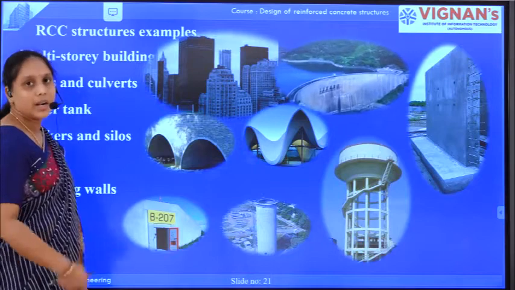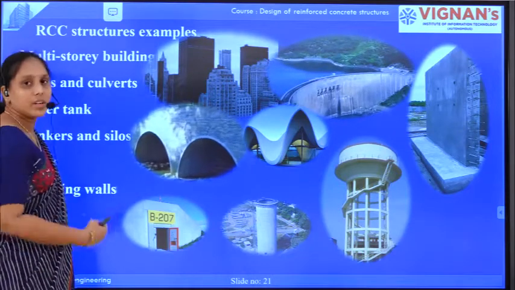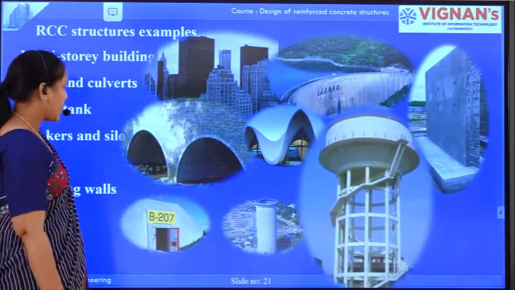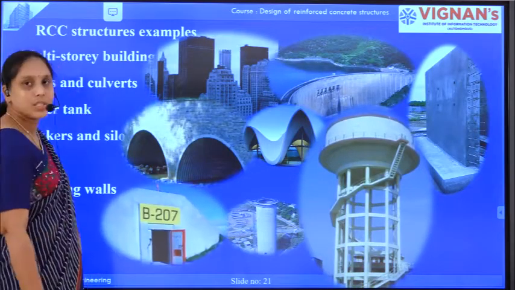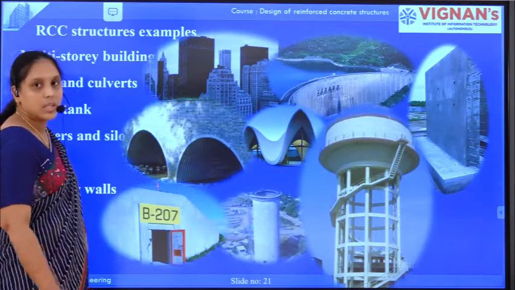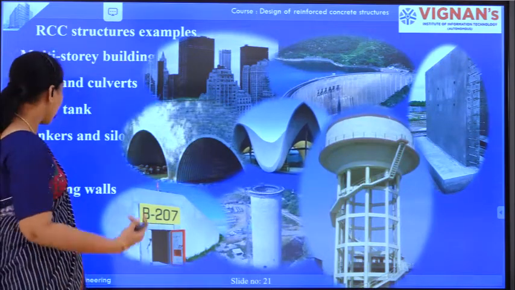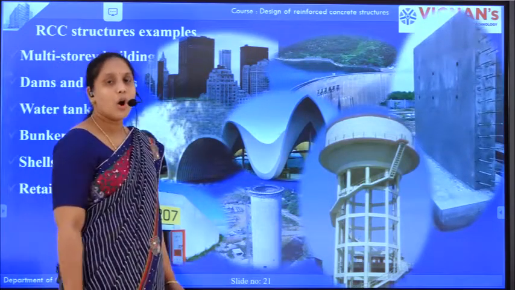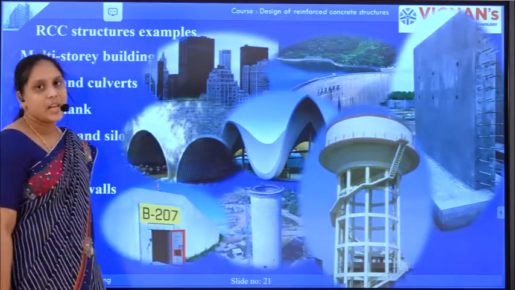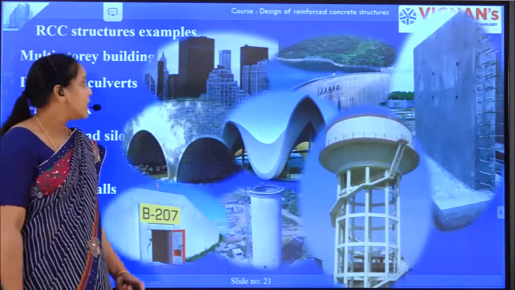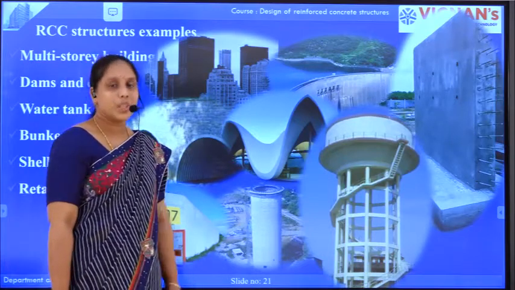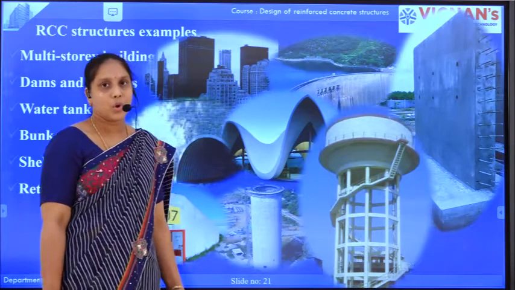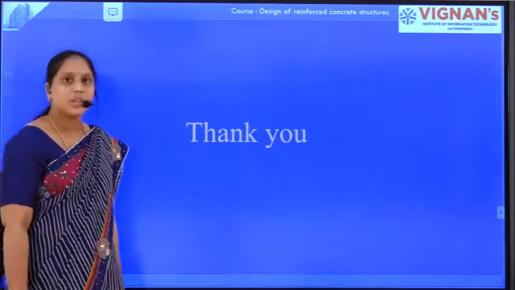We have dams, culverts, water tanks, bunkers, silos, shells, and retaining walls. All these are examples of structures constructed with the material RCC, that is, reinforced cement concrete. Thank you.